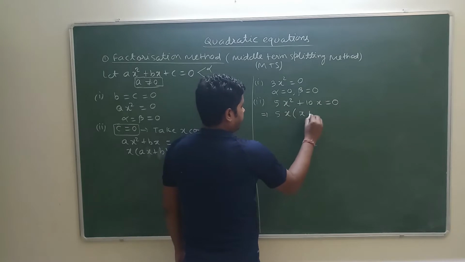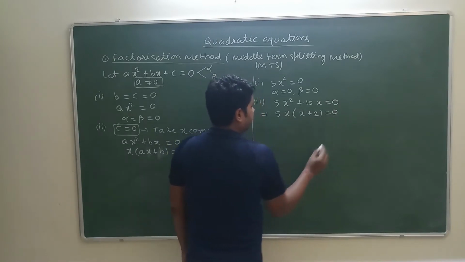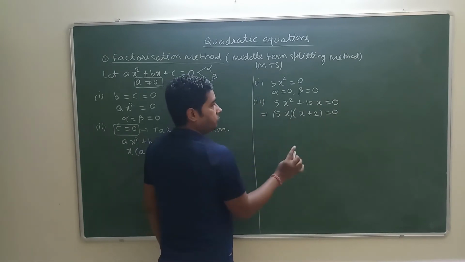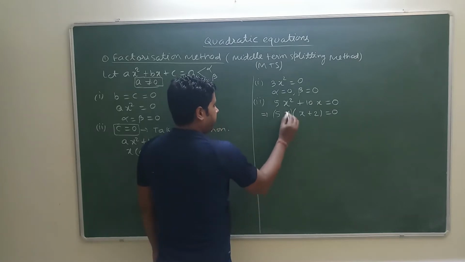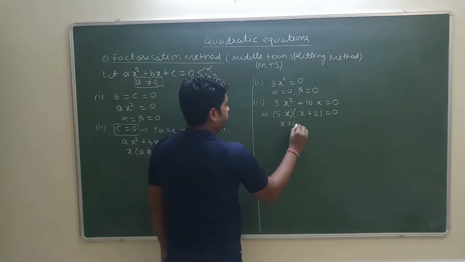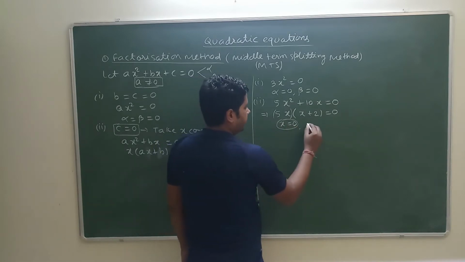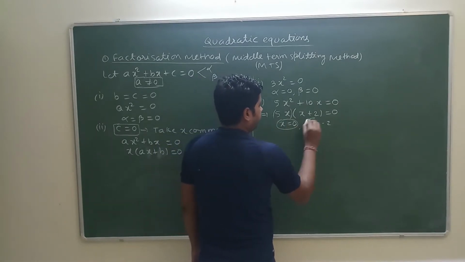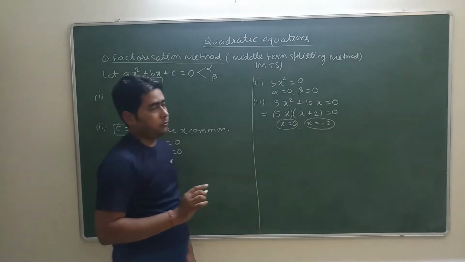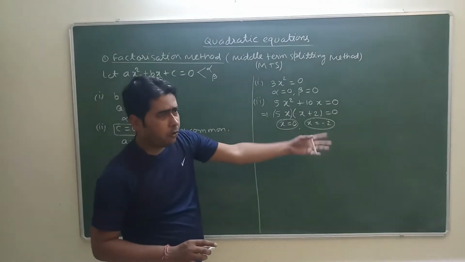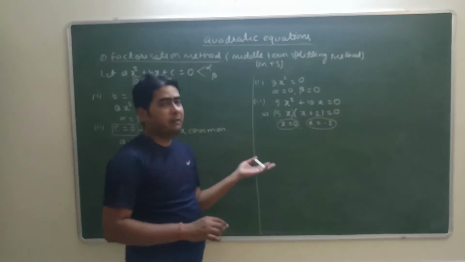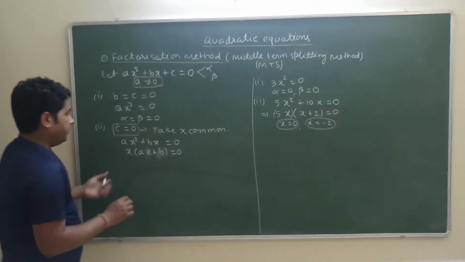This will be 5x into x plus 2 equal to 0. Now you have to equate these two with 0. When you equate 5x with 0, you will get x equal to 0, which is your alpha. And when you equate x plus 2 with 0, x will be minus 2, that will give you your beta value. So alpha will be 0, beta will be minus 2, or alpha will be minus 2 and beta will be 0.